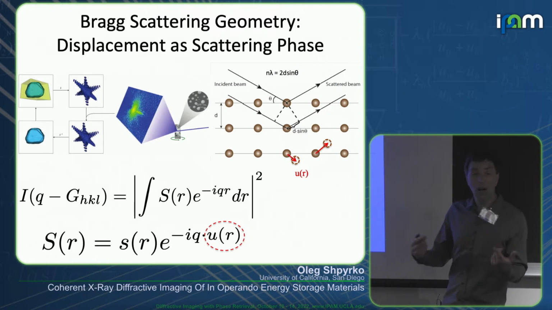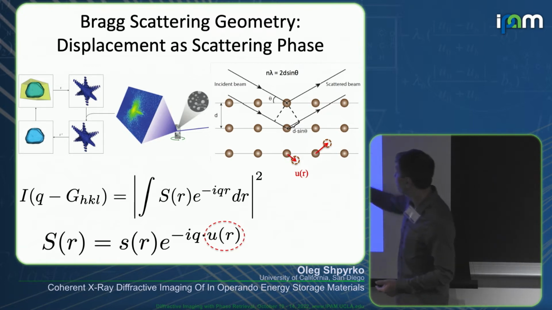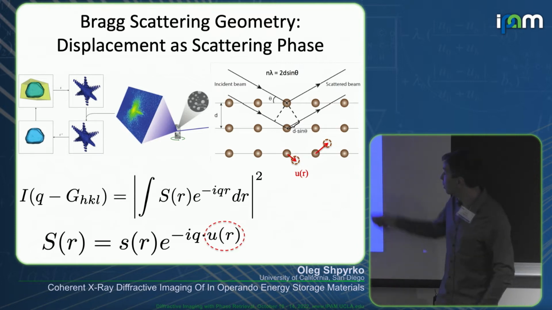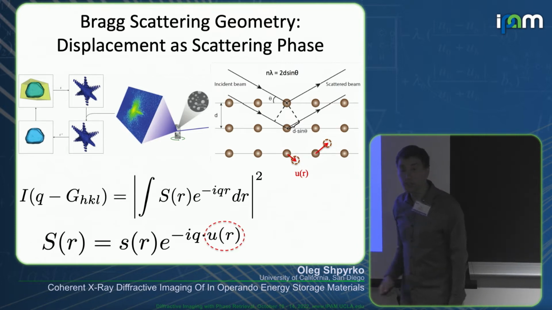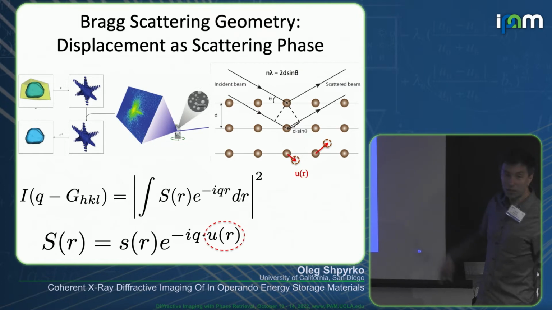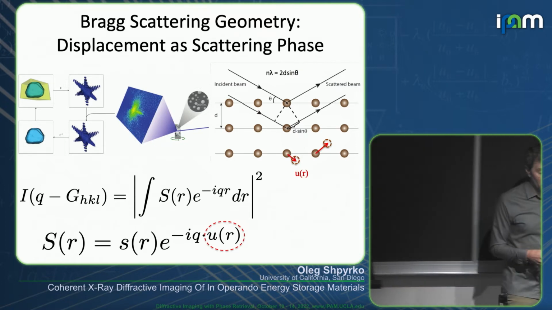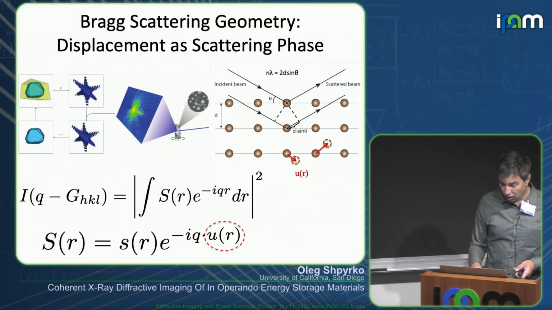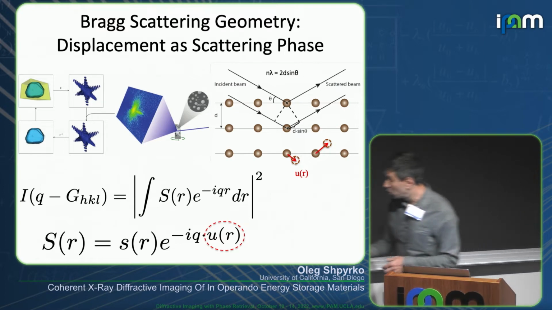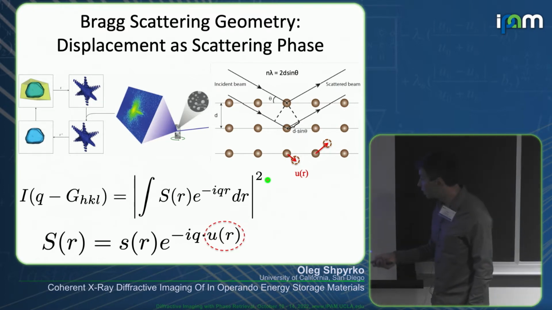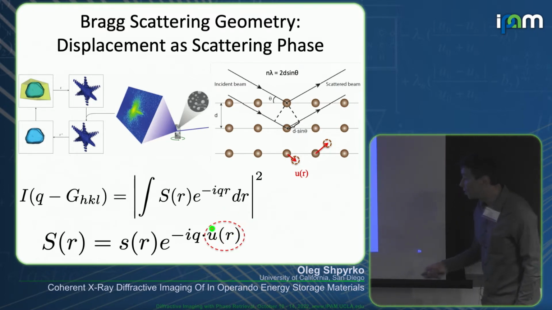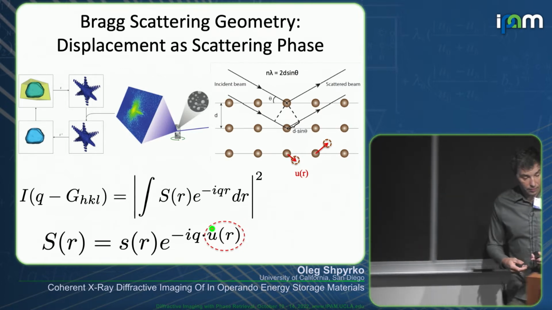How much out of phase is related to the projection of this displacement field, where the atoms are versus where they should be, onto the scattering direction. That's basically how much out of phase they are from the planes of their neighbors. And this is the way the displacement field is encoded in a complex-valued density function.